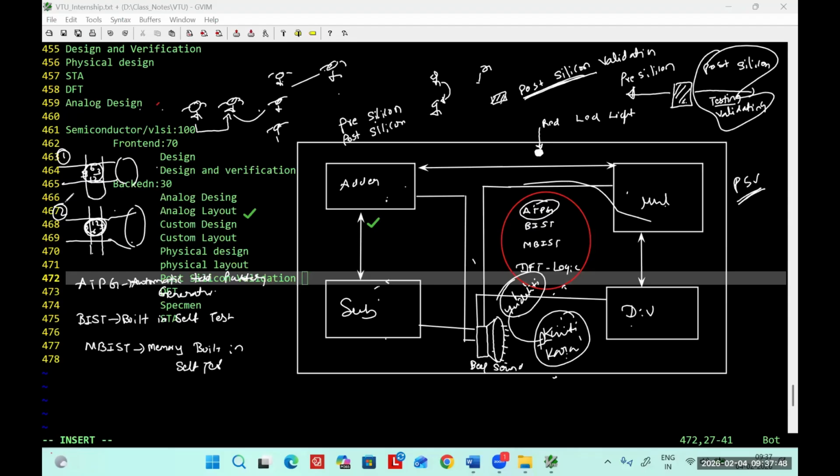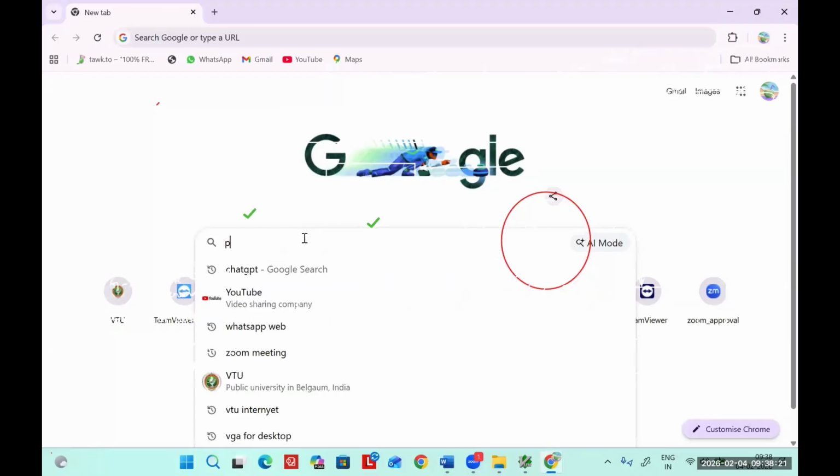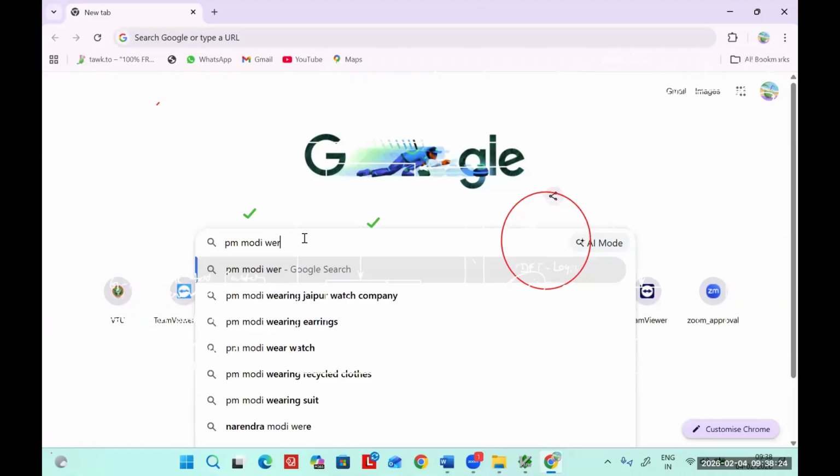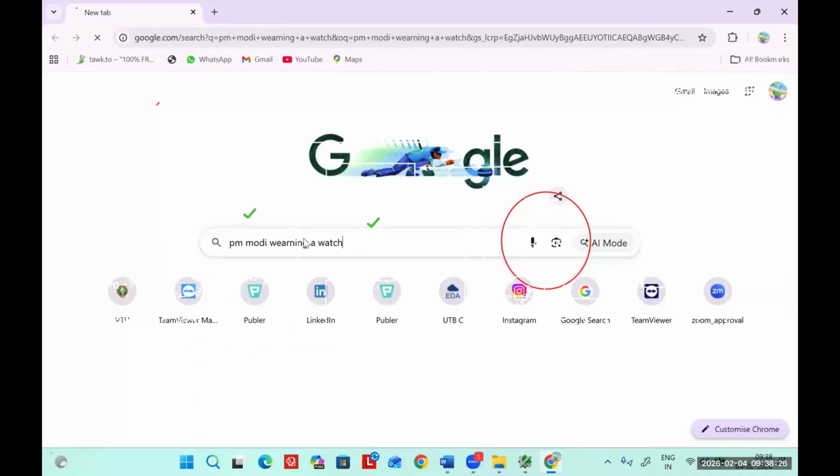Scenario one, on your hand. And our PM, how does he wear it? What is this nonsense question? Normally two men. Do Google and check how the PM wears a watch. He never wears it like this; he always wears it upside down. Correct watch.